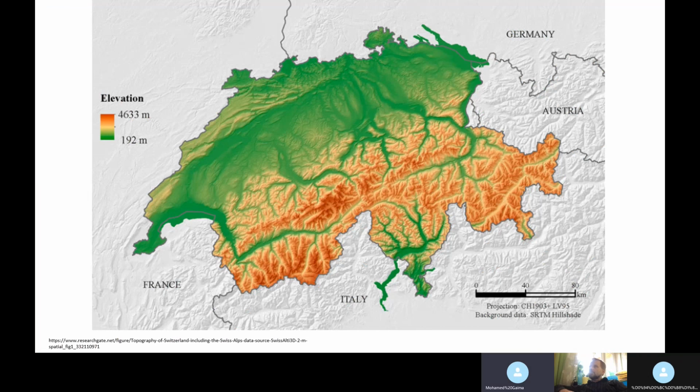Another example, it's also Switzerland. It's a digital elevation model which gives us understanding of elevation above sea level, and this picture is very beautiful.